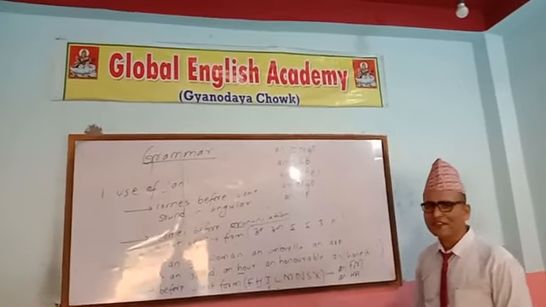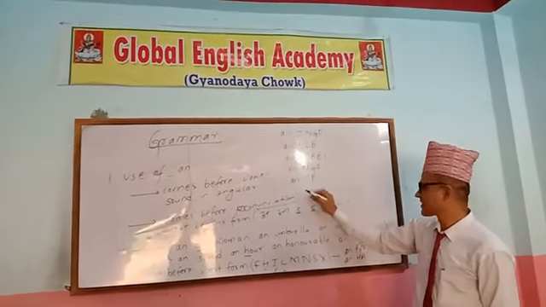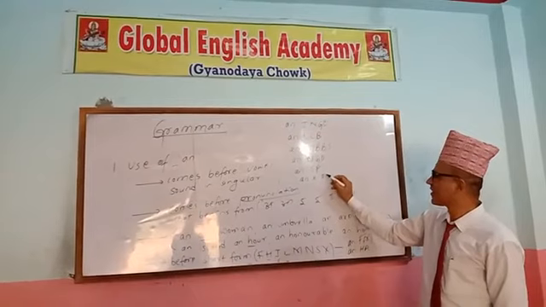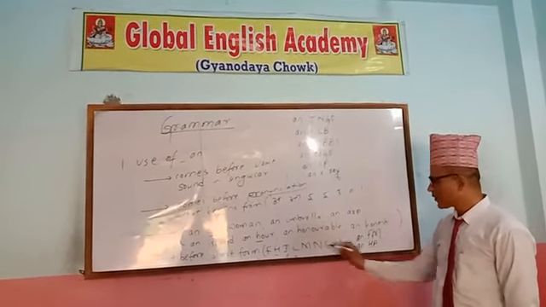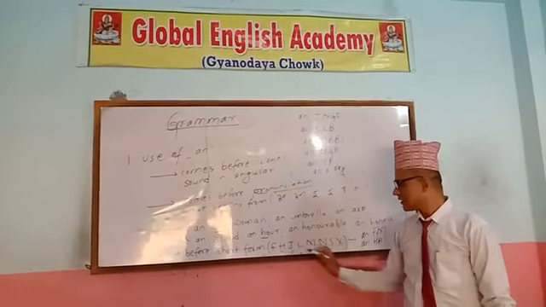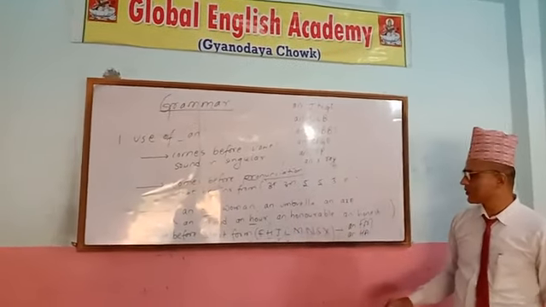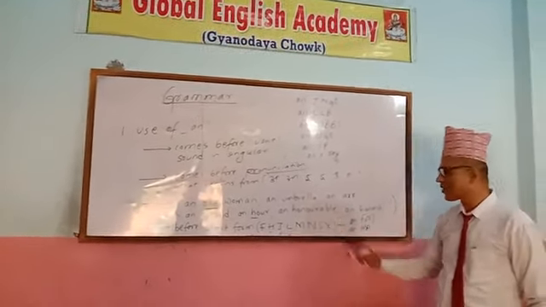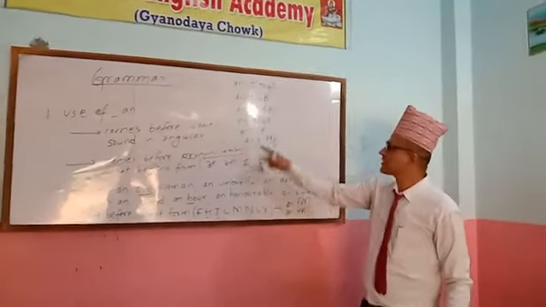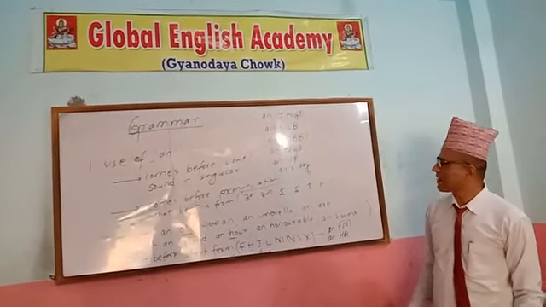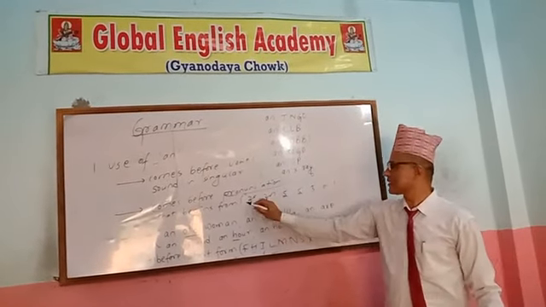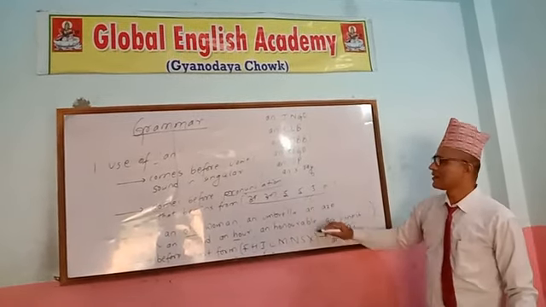But now we have C student, X, an X-ray or an MX mastery. So if these alphabets' short forms are started, then we use an. Okay, and that's the use of an.